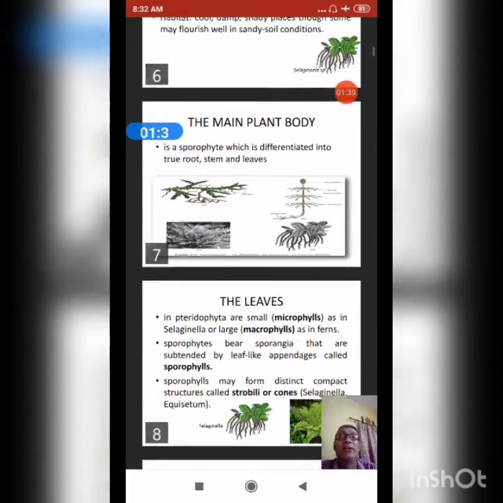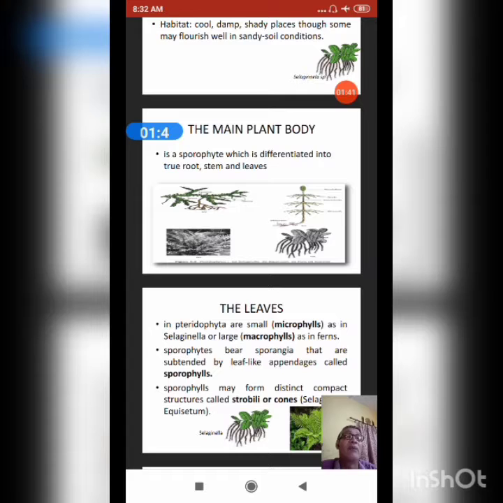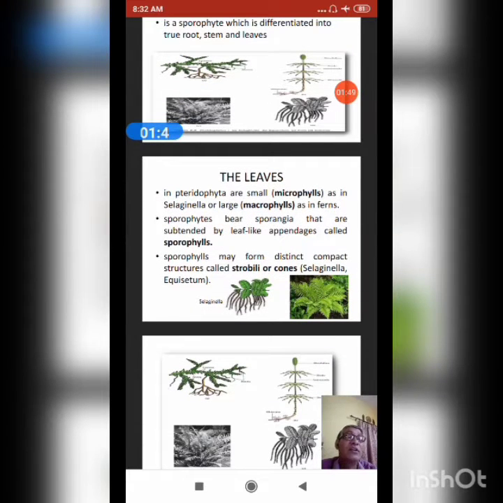The main plant body is a sporophyte which is differentiated into true root, stem and leaves. Talking about the leaves, it is very important. In pteridophytes there are small microphylls, as in Selaginella, and large macrophylls, as in ferns.